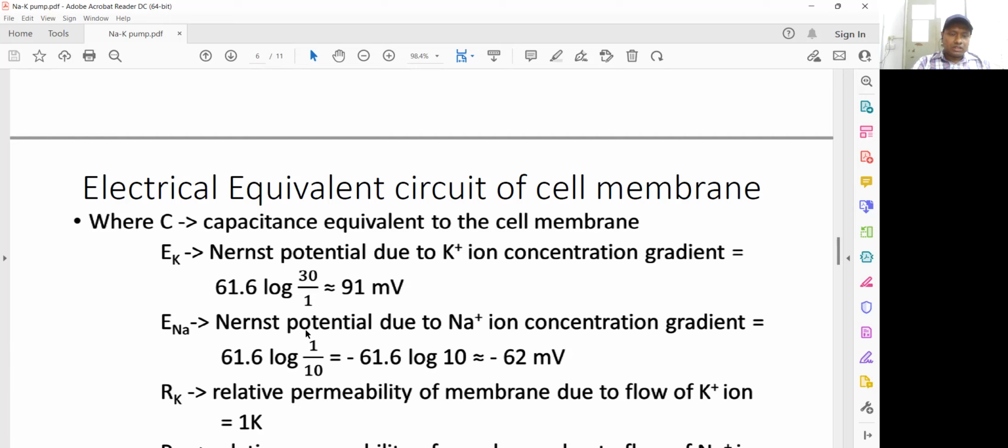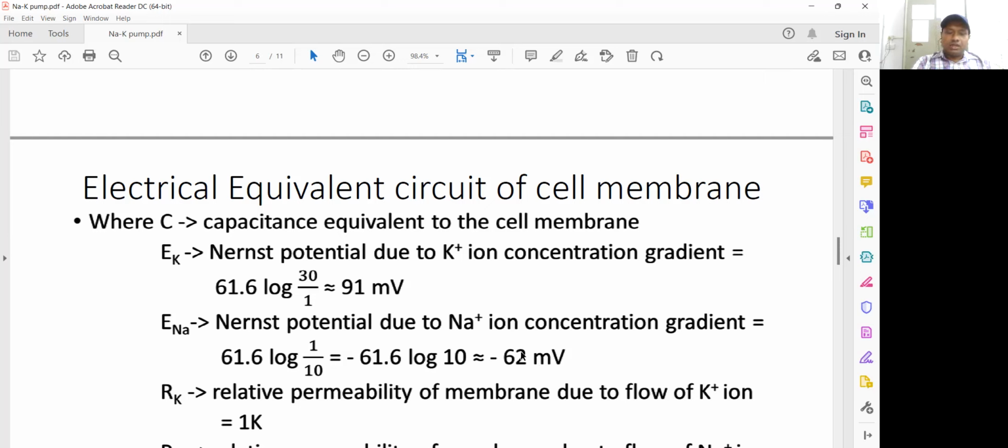See over here, due to the polarity constraint, we have mentioned this is the inside, outside. By application of logarithm base 10, we got minus 61.6 log 10, that means approximately minus 62 millivolt.